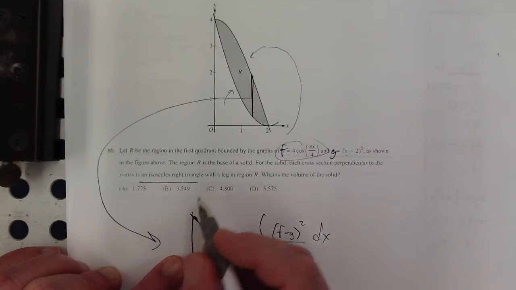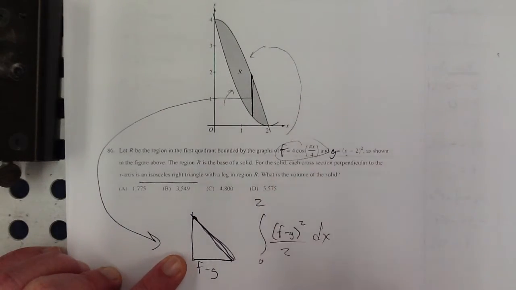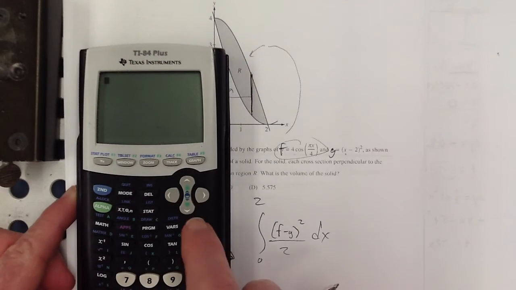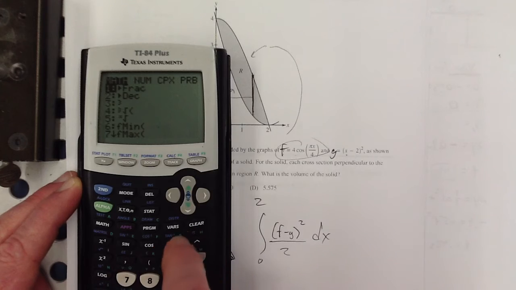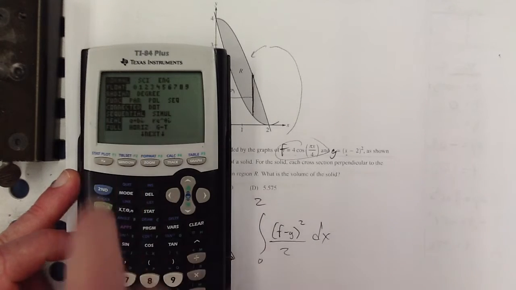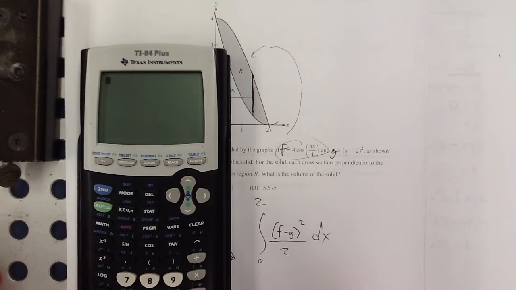And I'm going from 0 to 2. So that's the expression I need to enter into my calculator. Make sure I'm in radian mode. Haven't used this calculator yet today. So mode radian. Good. And I guess I'll put the 1/2 on the outside. It doesn't really matter.